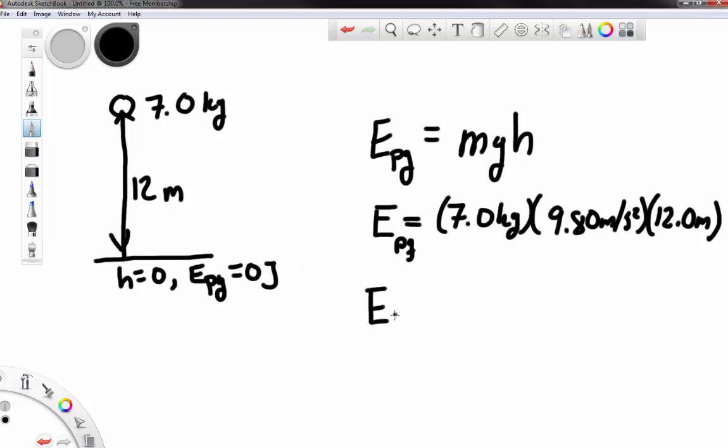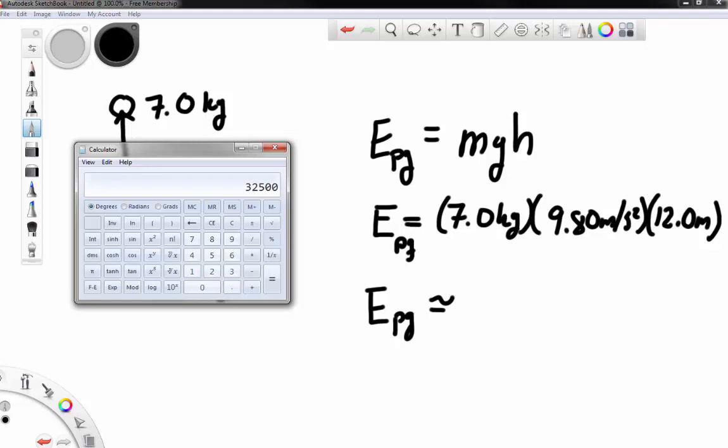So now we can go to our calculators to get the answer. It should be a little under 840 joules, maybe 20 joules less than that or so, since it's estimated using 10 here.